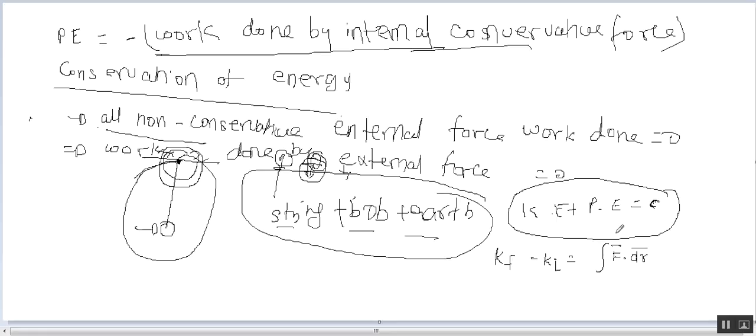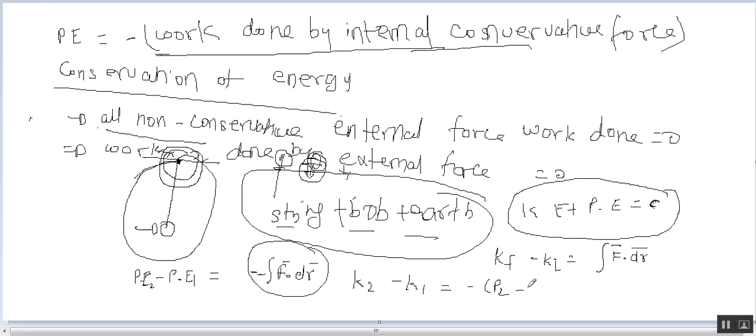By definition of potential energy, the change in potential energy, PE2 minus PE1, is equal to minus the work done, minus of F dot dr. So minus the work done by internal conservative forces is equal to PE2 minus PE1. Carefully, K2 minus K1 should be equal to minus of P2 minus P1.